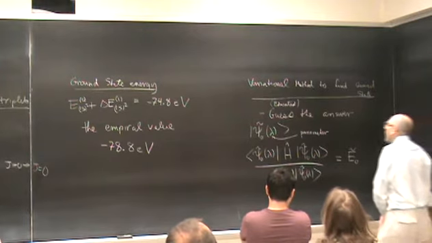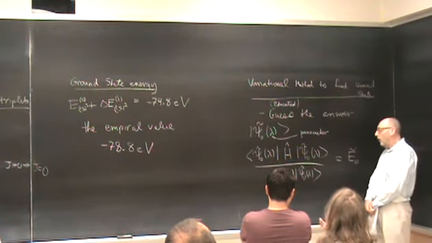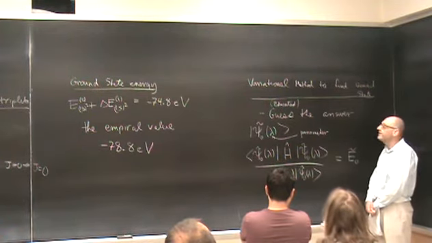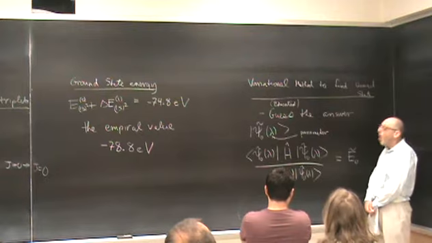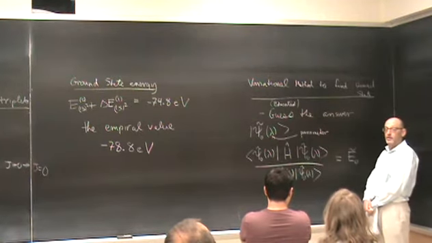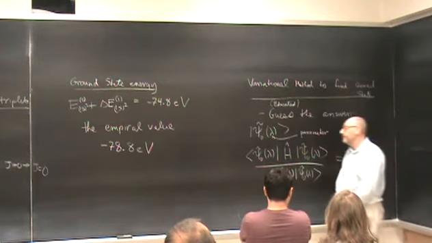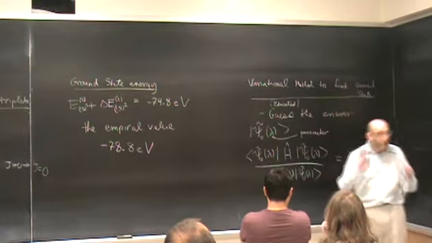Now, is this a good guess? Well, what we can show is that this is always greater than the true ground state energy. So let's do that. It is bounded by the true ground state.